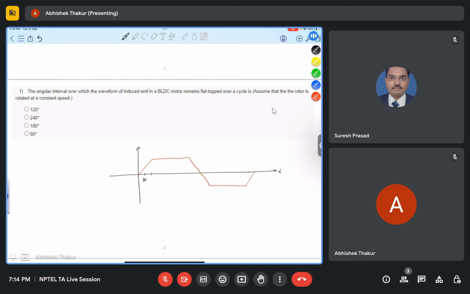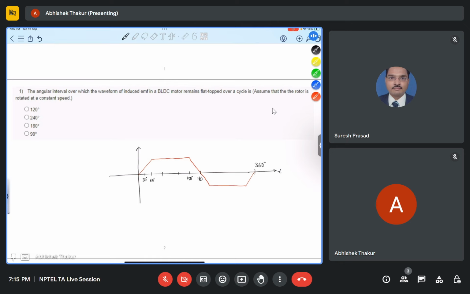So this is the interval of 30 degree, 60 degree, 90, 120, 150, and this is 180 degree. Then again this is 360 degree.